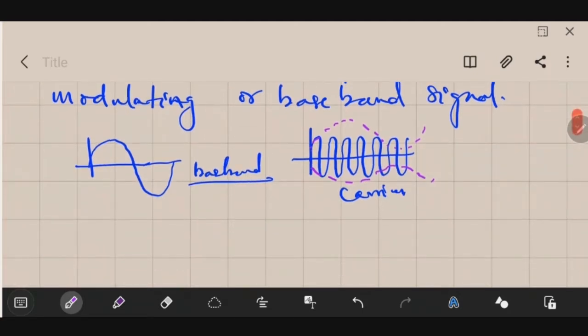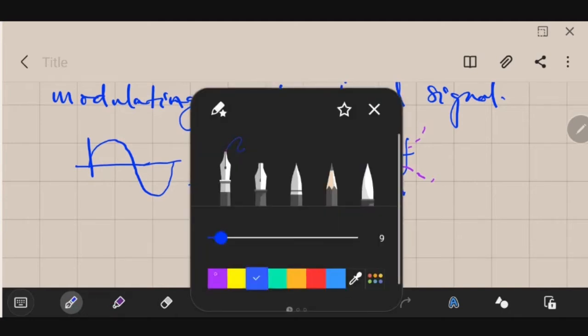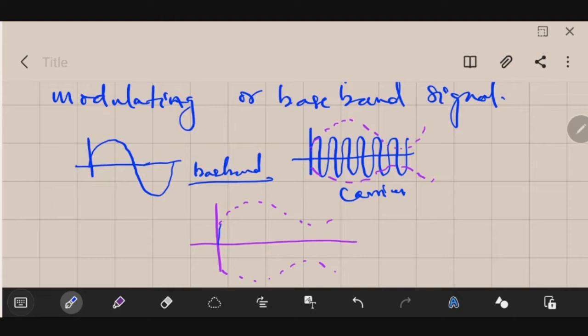If we vary it in this way, the output signal will be like this. These dotted lines represent the envelope of the modulated signal, and the modulated signal looks like this.